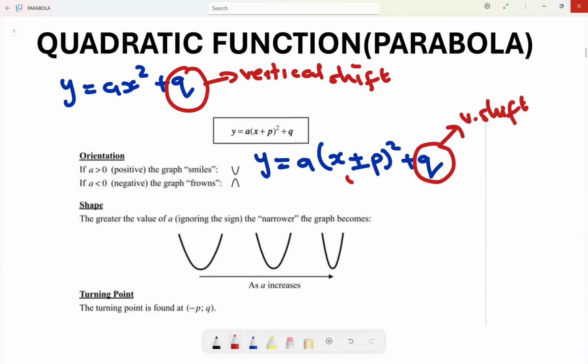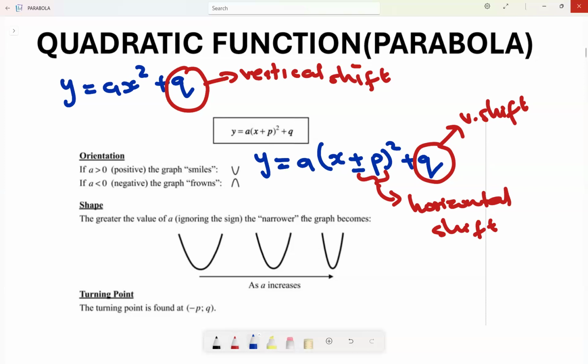But this part, plus or minus p, is now our horizontal shift. If you have watched one of my previous playlists under grade 11 and 12 functions, hyperbola, exponential, and all of that, you will know what we refer to as plus or minus p.